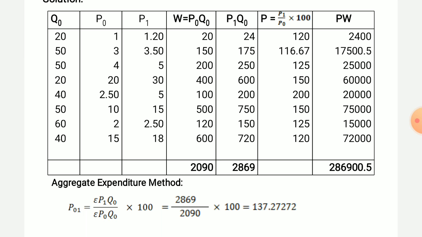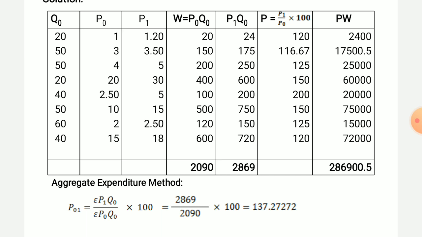So sigma P1Q0 divided by sigma P0Q0 into 100 is 2869 divided by 2090 into 100, which is equal to 137.27272.